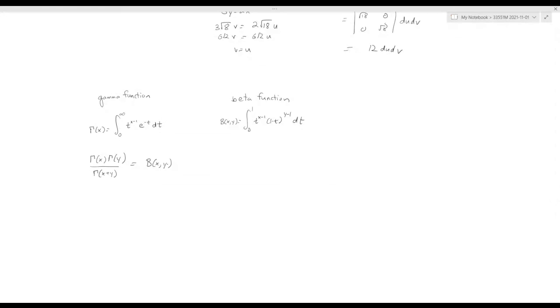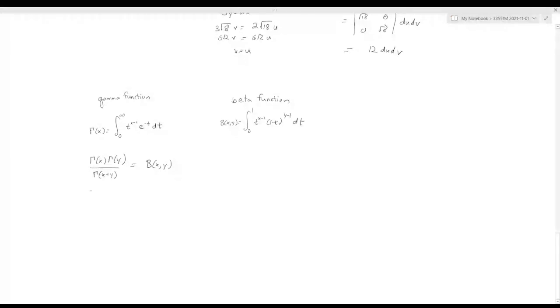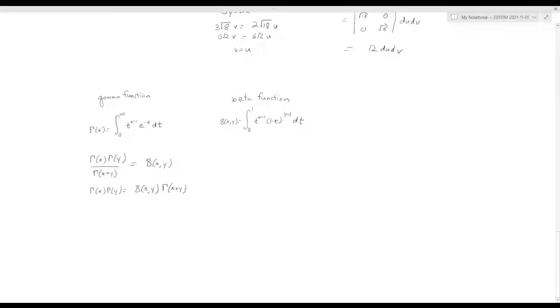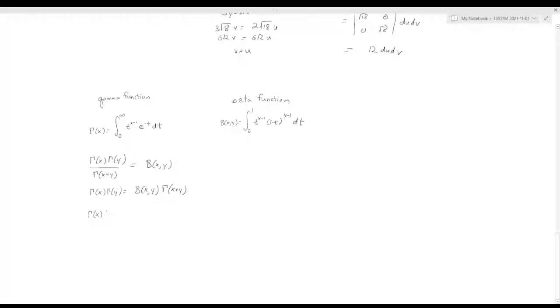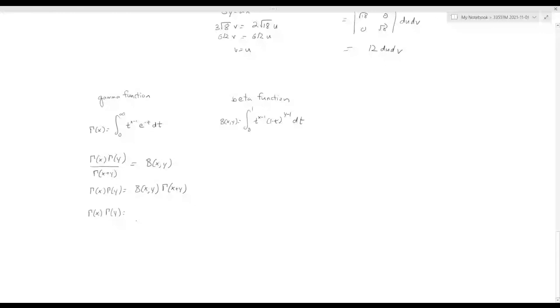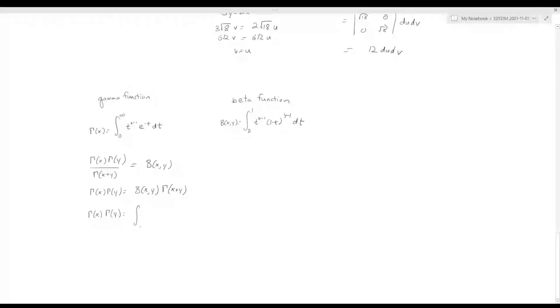So towards that end, we're just going to start with this side, we're going to have gamma of x times gamma of y. And now this gamma of x times gamma of y, you can actually write as a double integral, of course, because gamma of x is defined as an integral.